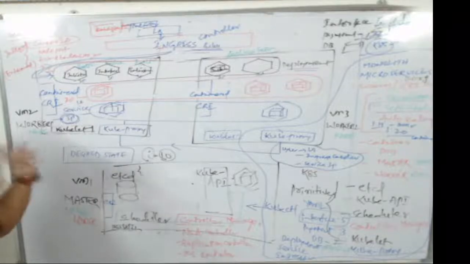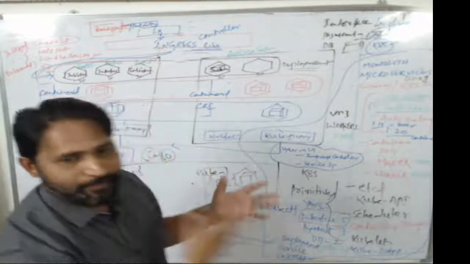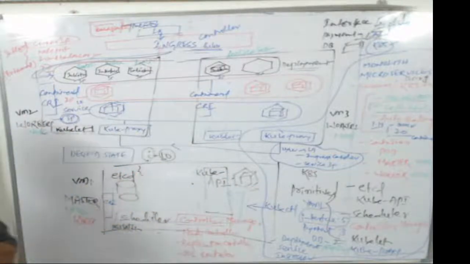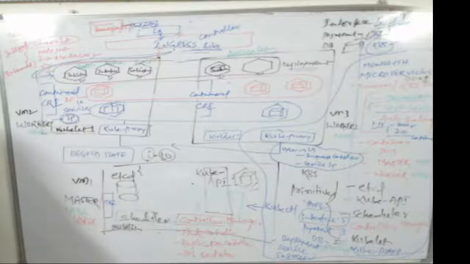That's how we want it. We want 10 pods, we want 5 replicas, like that. Whatever we want is the desired state. Then CRI. Container runtime interface. What does that mean?